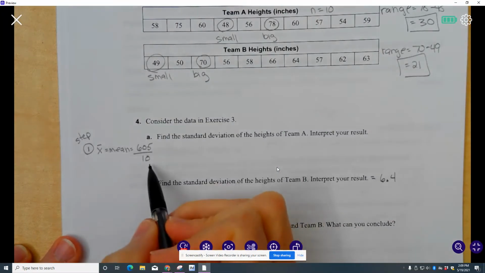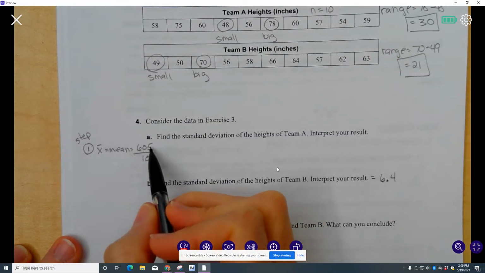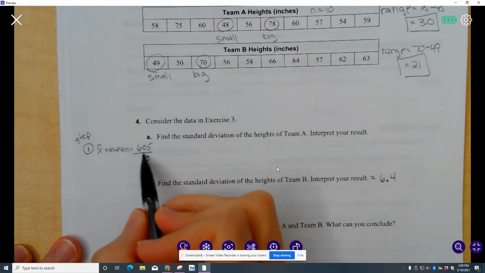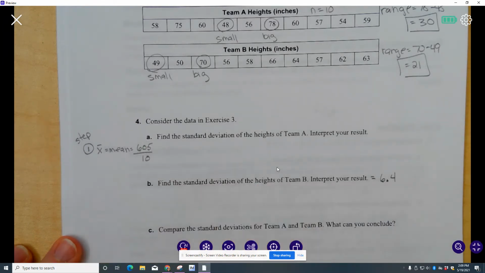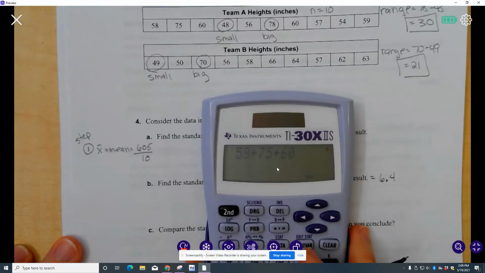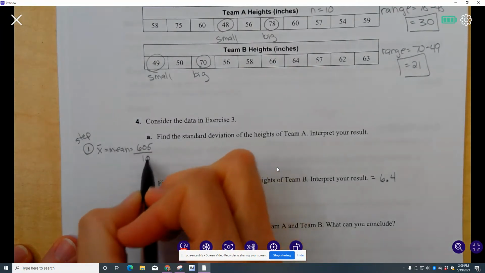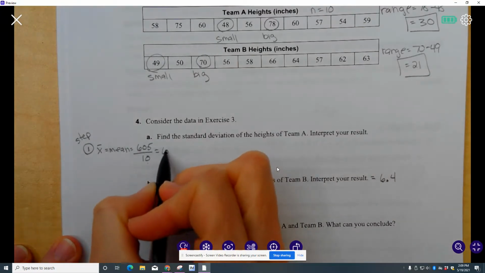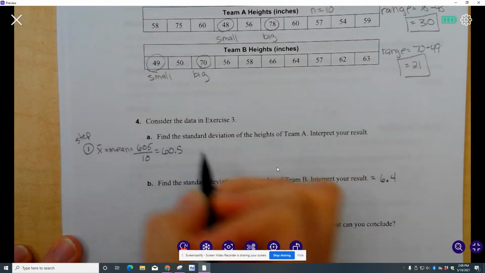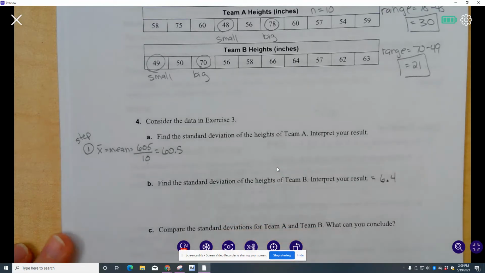You're going to want to give these two numbers, because if you say, hey, Mrs. Farr, I got the wrong answer and I don't know why, I'm going to need to know what your total is here. So I don't need to see the list of all these numbers with a plus sign between them, but I do want to see the total. Go ahead and do this division, and so your mean is 60.5. Okay, so that is step 1.